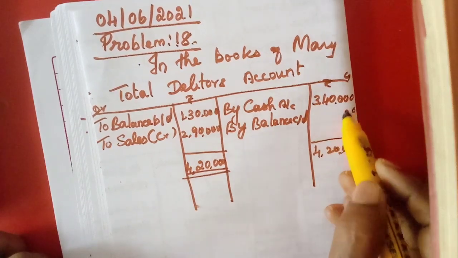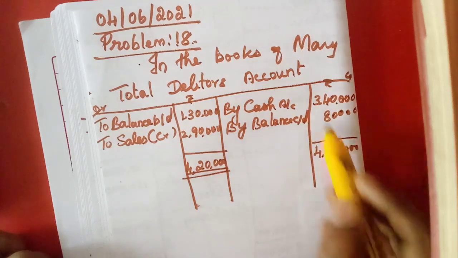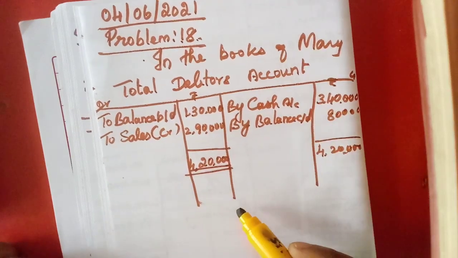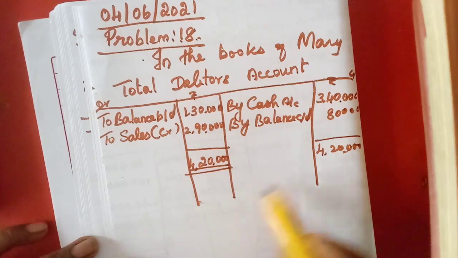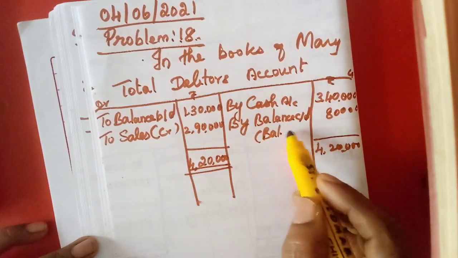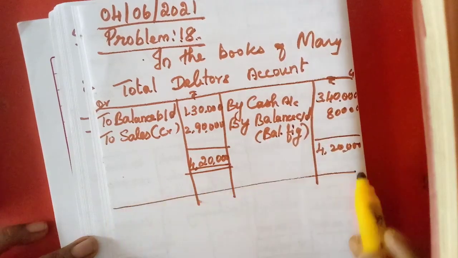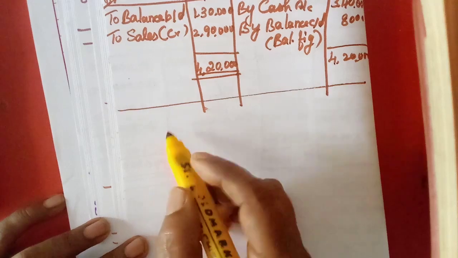So the difference we will write. 4 plus 8, 12, balance 1, 4. So what is that one? Debtors 80,000. We can write it as the balancing figure. One account is over.